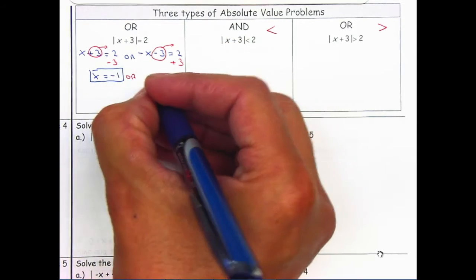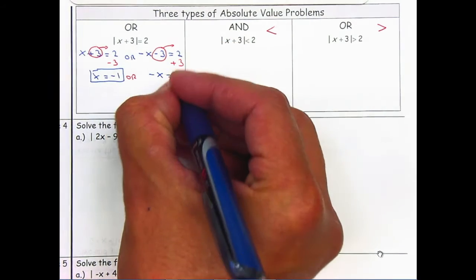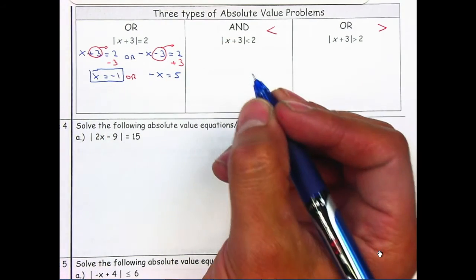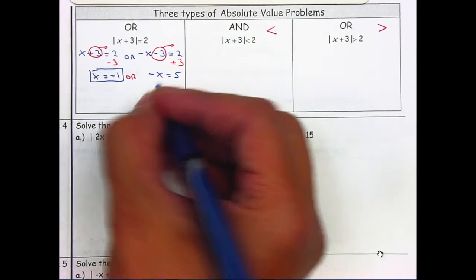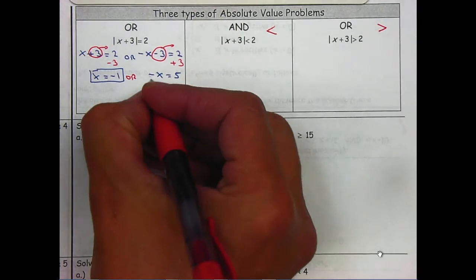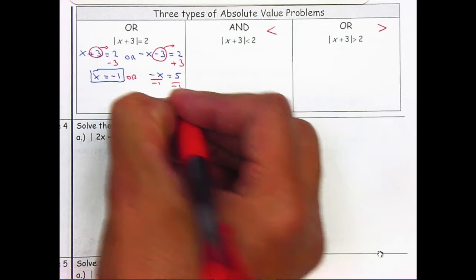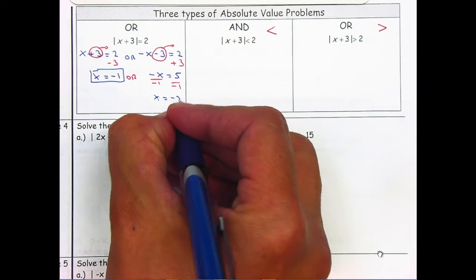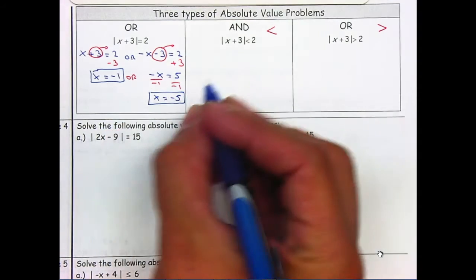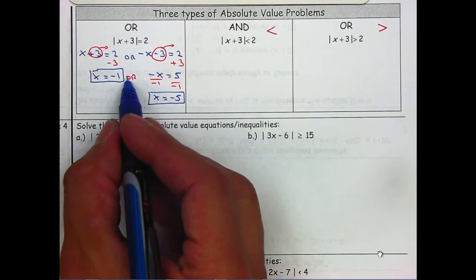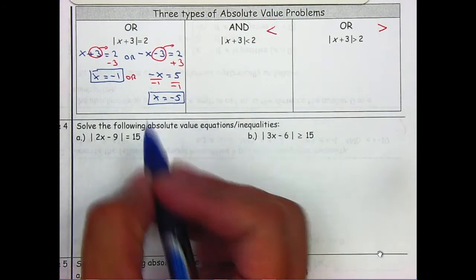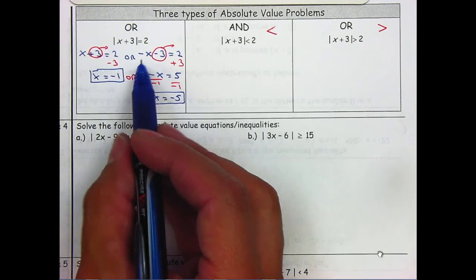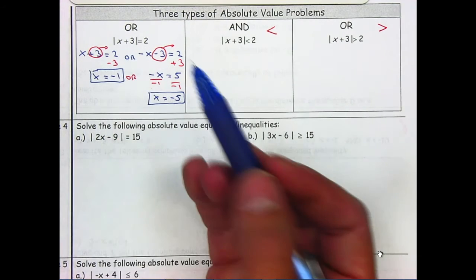I'm going to bring the -x down, is equal to 5. I'm going to divide by -1 on both sides. So x is equal to -5. So my solution is x is equal to -1 or x is equal to -5. We have 2 solutions that will make this equation correct.